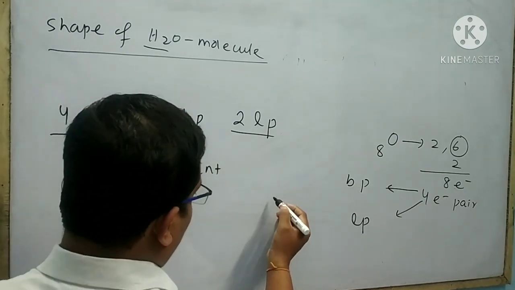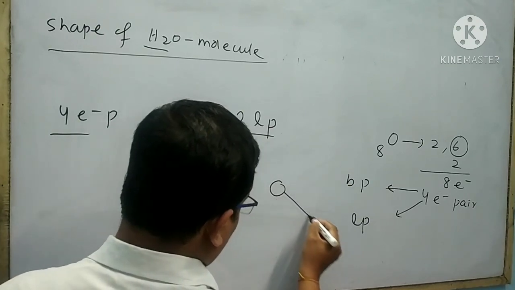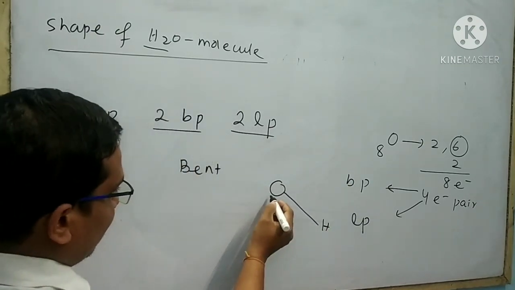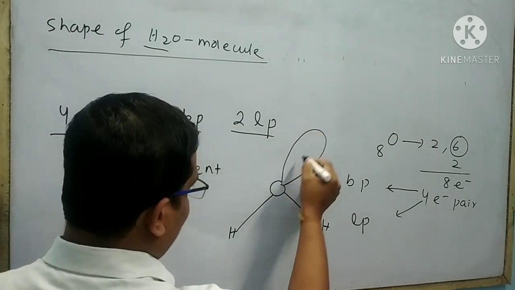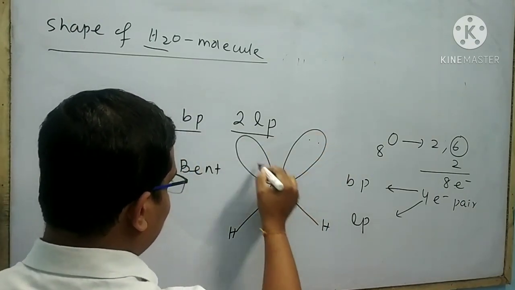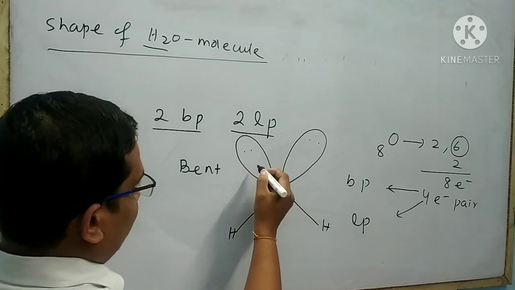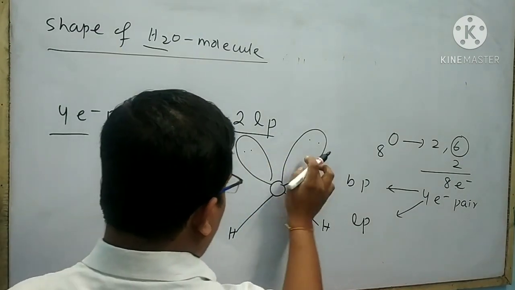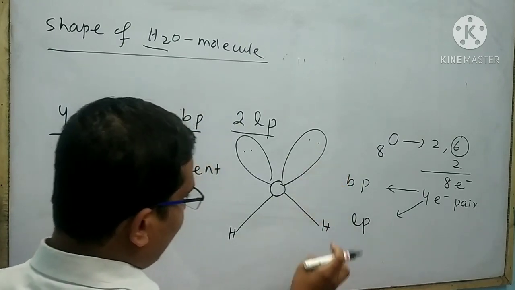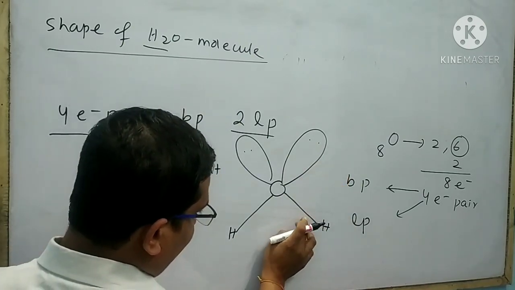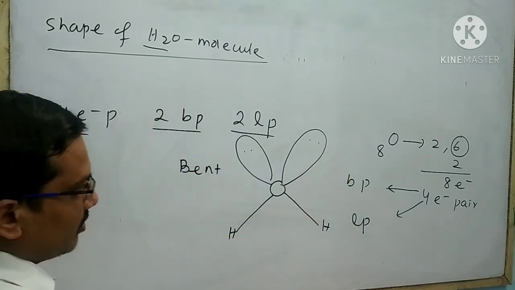I can draw the diagram like this. This is one bond pair. This is the other bond pair. Here 2 lone pair are present like this. Here the lone pair-lone pair repulsion is more as compared to the lone pair-bond pair and also the bond pair-bond pair repulsion.